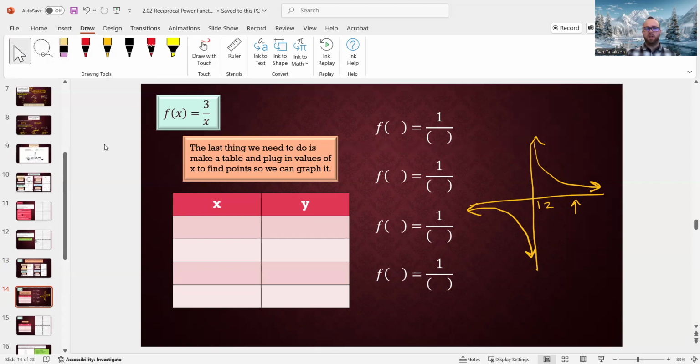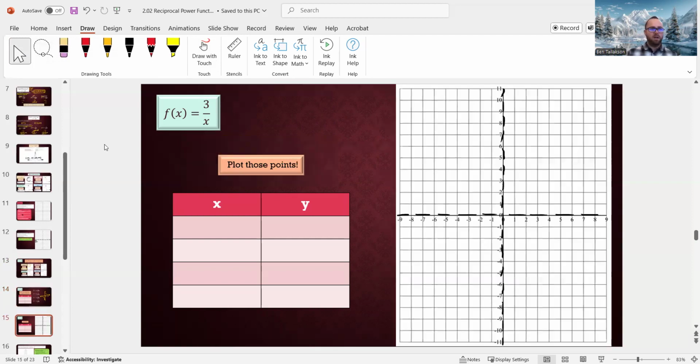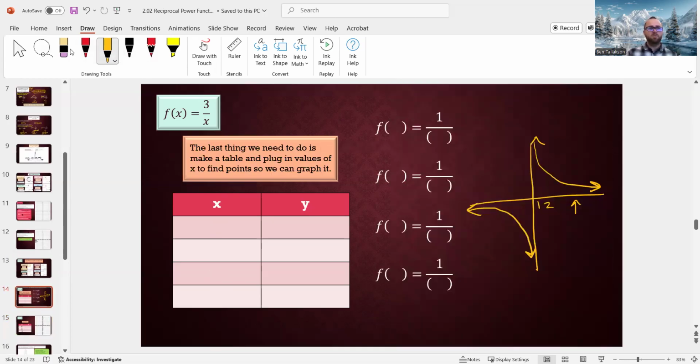Now that you gave it a shot, I'll show you the values that I'm going to pick. I'm going to pick, let's go with -5, -2, 2, and 5. Okay. And I'm actually going to do it on the last page because this is already set up quite nicely for me.